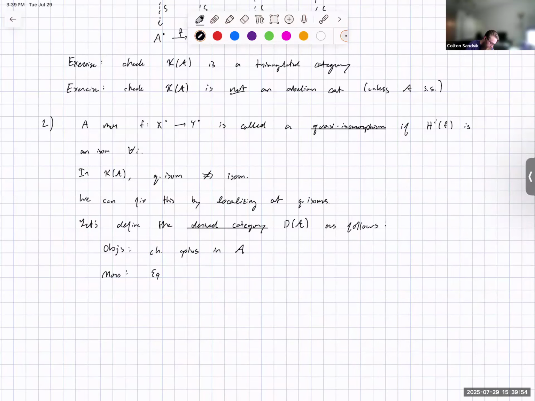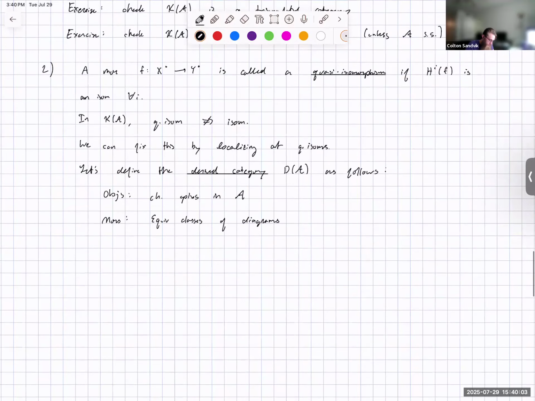So these are going to be equivalence classes of diagrams that look like this, where this map on the left is a quasi-isomorphism.